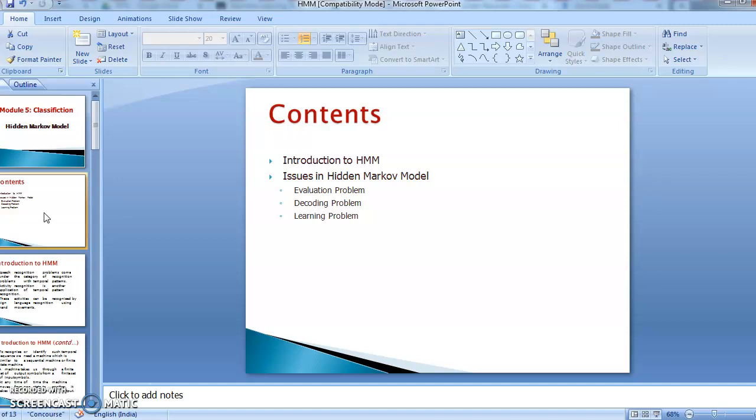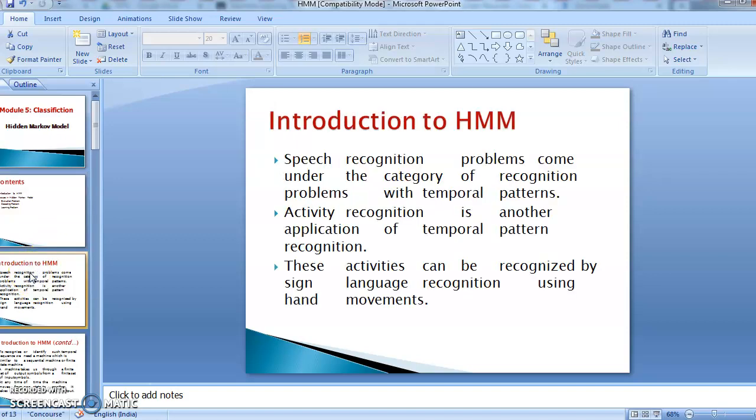Another application of the hidden Markov model is activity recognition. Now, activity recognition means what? Generally, in sign language identification, we identify a particular letter with the help of a sign.